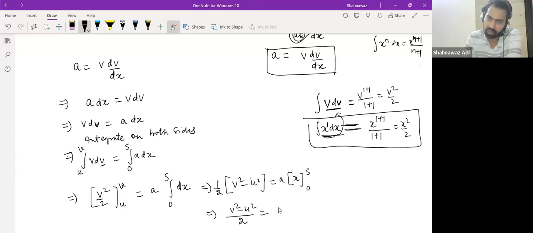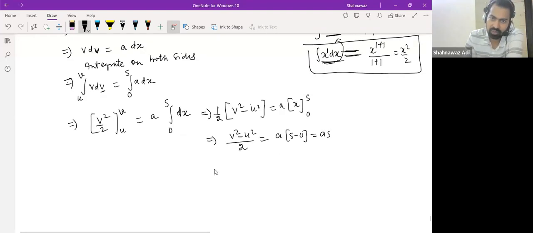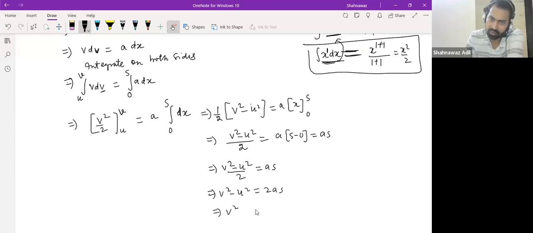And this is what? a into s minus 0, which is a s. So this is v square minus u square by 2 a s. So v square minus u square, and this 2 comes here. So v square minus u square equals 2as, and we can also write it like this. So this is the third equation.